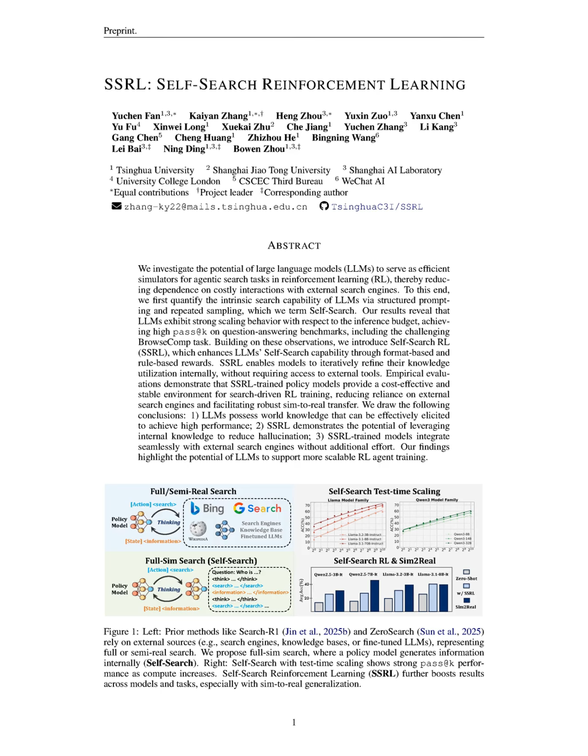The key steps involved include: first, the model generates its initial thoughts within designated tags, such as <think>, to articulate its reasoning. Next, when the model identifies missing information, it formulates search queries encapsulated in <search> tags.